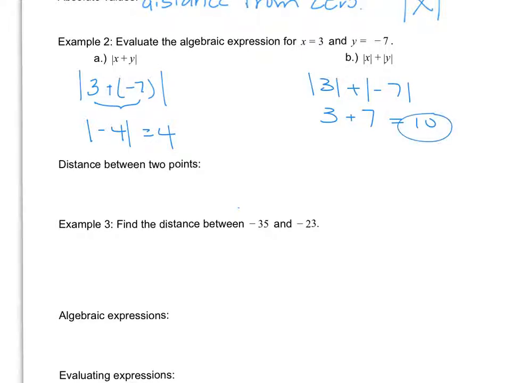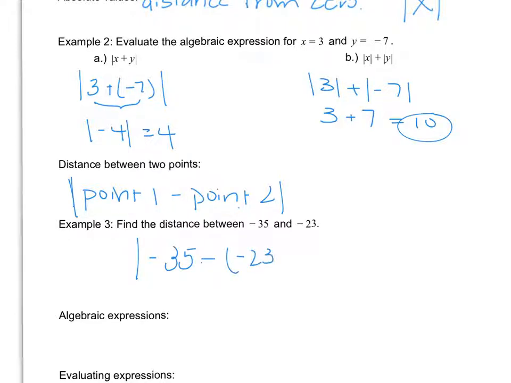Okay? We mentioned that in order to find the distance between 2 points, we could find the difference and take the absolute value. So we could do point 1 minus point 2 and then take the absolute value of those two things. So if I say this -35 is point 1 and -23 is point 2, I can use this to find my distance.